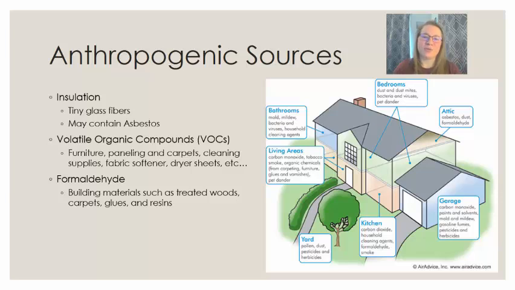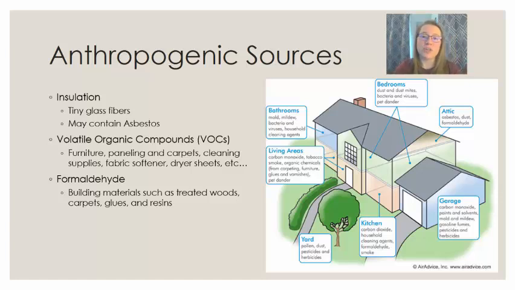Formaldehyde is also found indoors. Now, formaldehyde sounds like this big scary chemical, and it does do a lot of harm. But the reason why we find it inside is to try and preserve certain types of building materials. So a lot of the wood that is used in home construction is treated lumber.